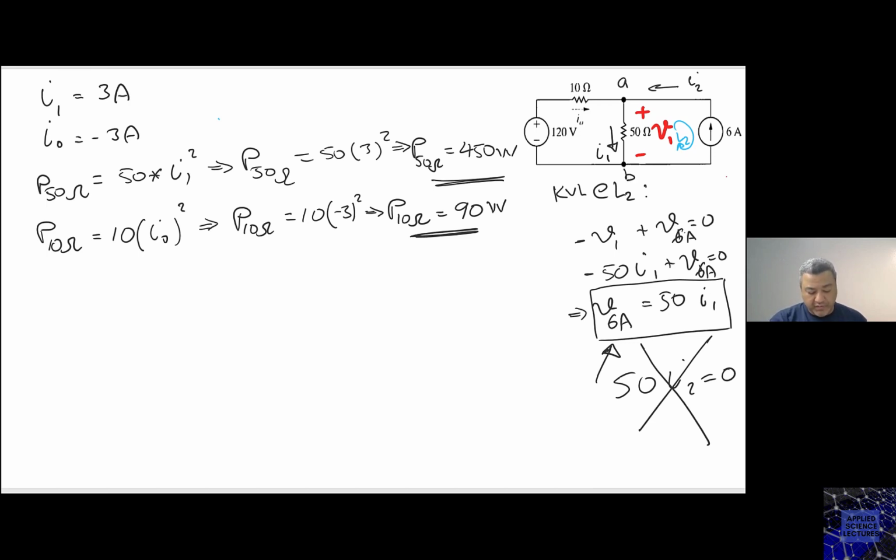So V1 is indeed 50 times I1, and V1 is 50 times 3. V1 is 150 volts.